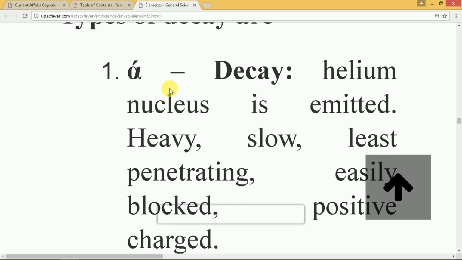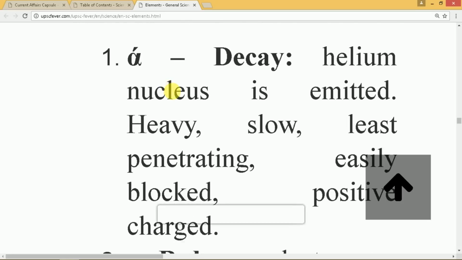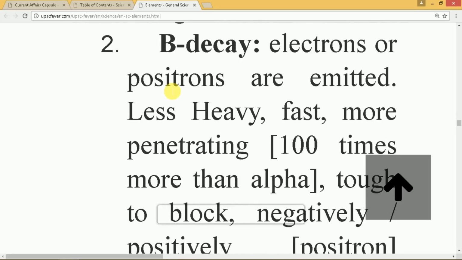In this, a helium nucleus is emitted, and it is positively charged, heavy and slow, and that is why alpha decays have low penetrating power and are easily blocked, whereas beta decays are electrons. They are lighter and faster, and therefore they are tougher to block and have more penetrating power.